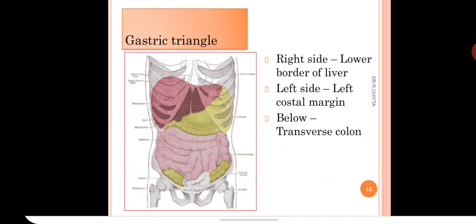This is called gastrostomy, opening the stomach, like tracheostomy, gastrostomy. TOMY means opening. So in this gastric triangle, you can open the stomach without disturbing the other viscera. That's how the student should know the gastric triangle on the anterosuperior surface.